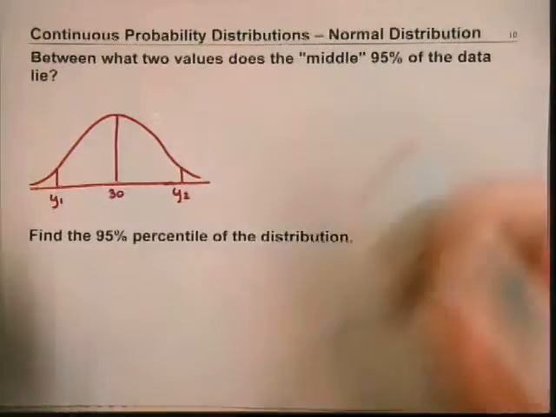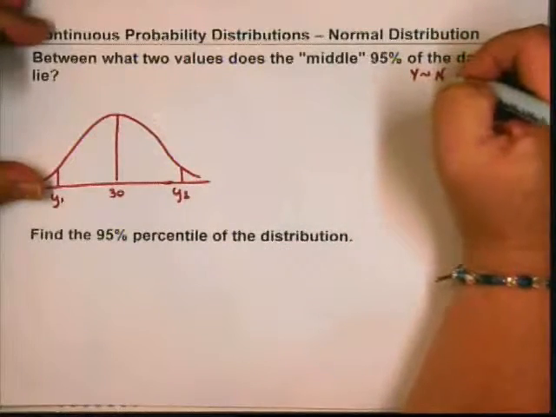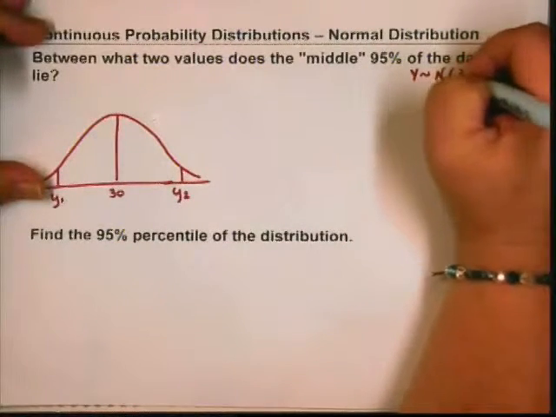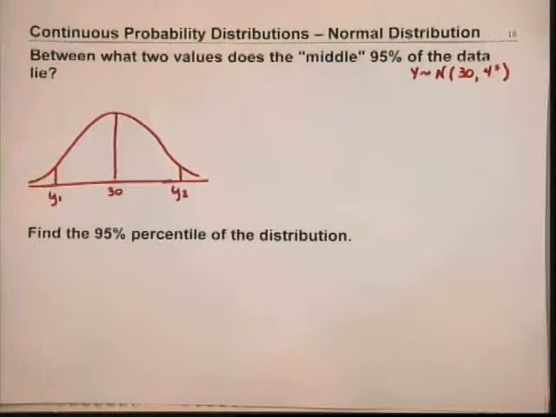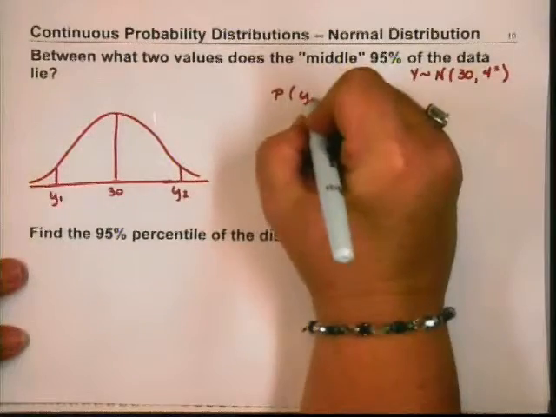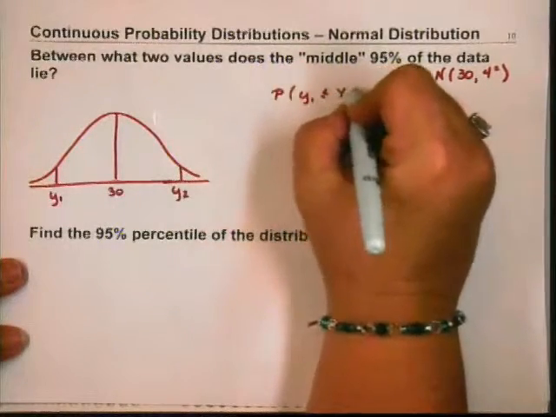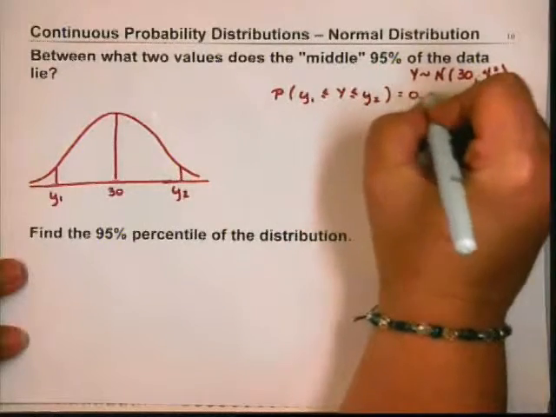We still have our distribution, just to bring that information forward, that y is distributed normally about 30 with a variance of 4 squared. All right, so our probability statement is that the probability that y1 is less than or equal to capital Y, less than or equal to y2, is equal to 0.95.